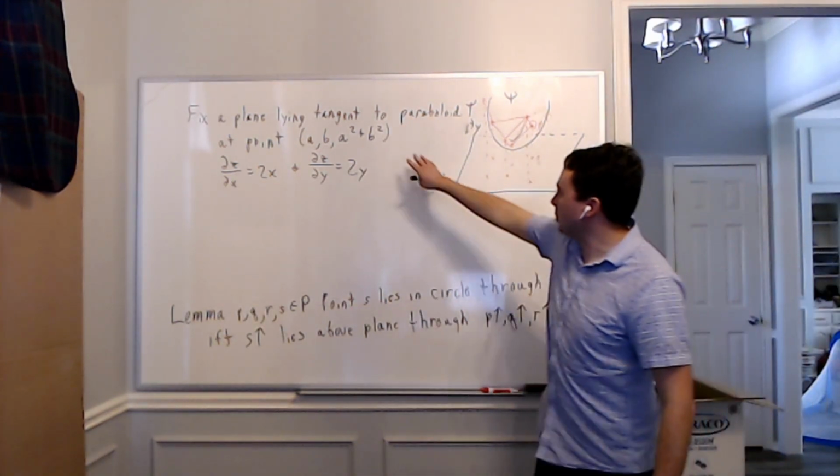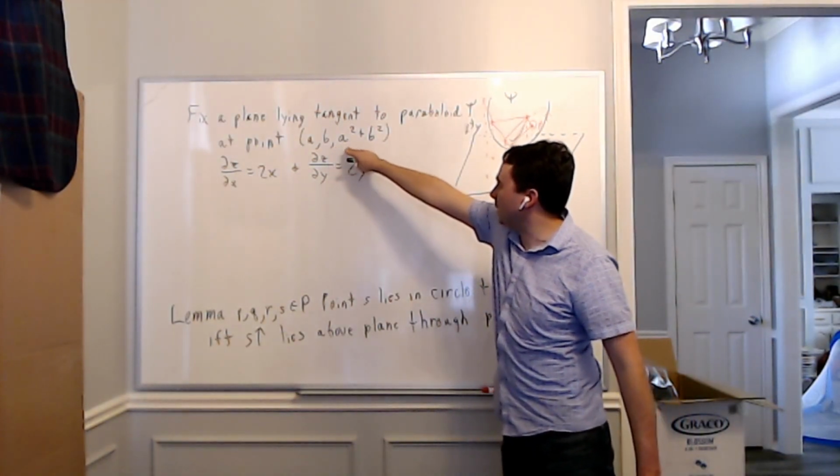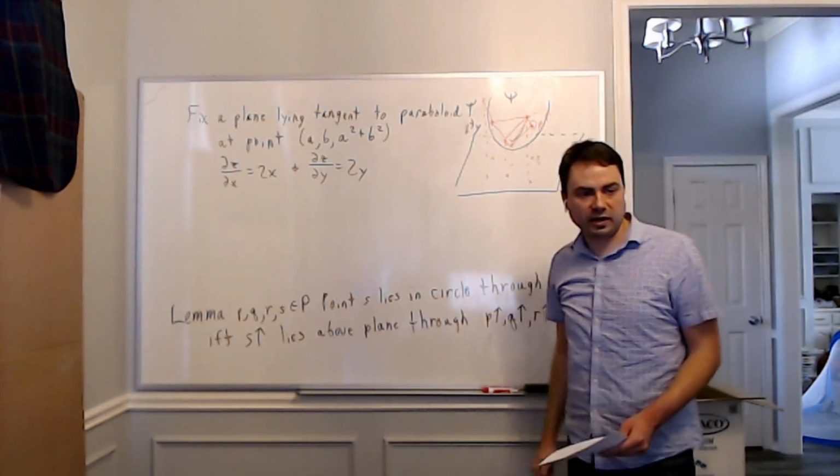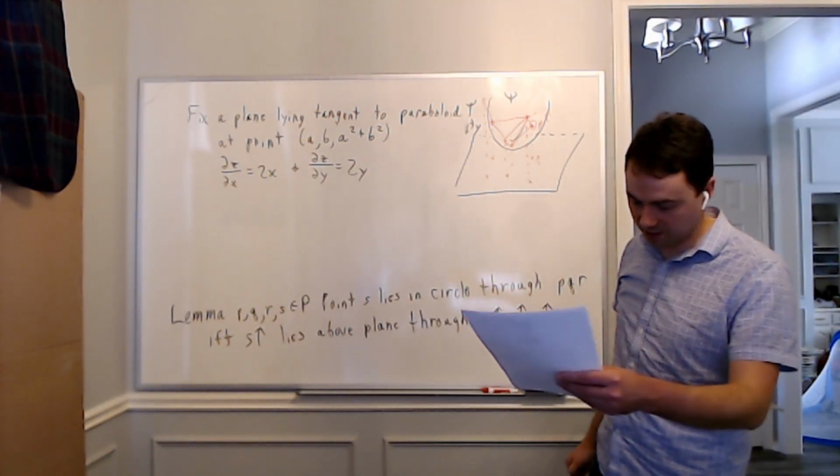At this particular tangent point, (a, b, a squared plus b squared), the partial derivatives evaluate to 2a and 2b.